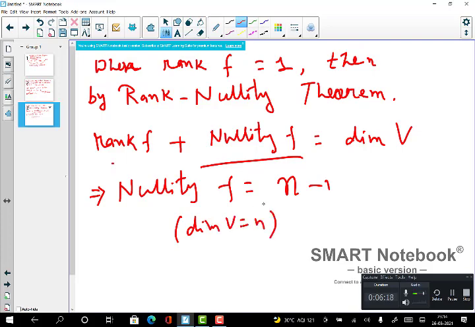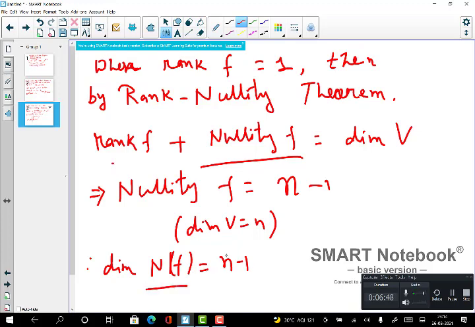So what does that mean? That means if you have a non-zero linear functional, then the nullity of that functional must be n minus 1. So the dimension of the null space N of f, which is the null space of f, is actually n minus 1, right? So the null space is a subspace of the vector space which has dimension n minus 1.